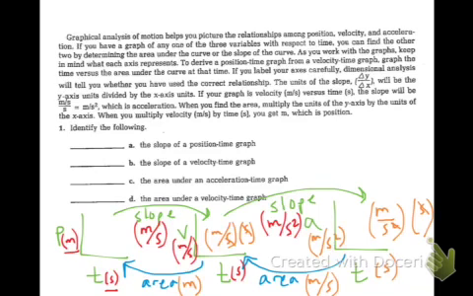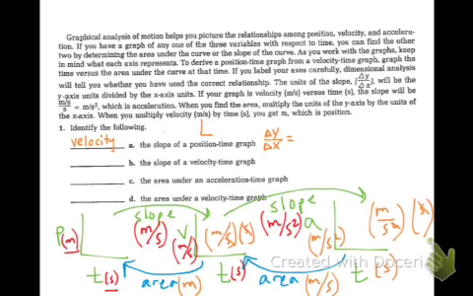So now, let's identify the following. The slope of a position versus time graph. What is that going to help us find? That's going to help us find our velocity, right? Because slope means change in y over change in x.